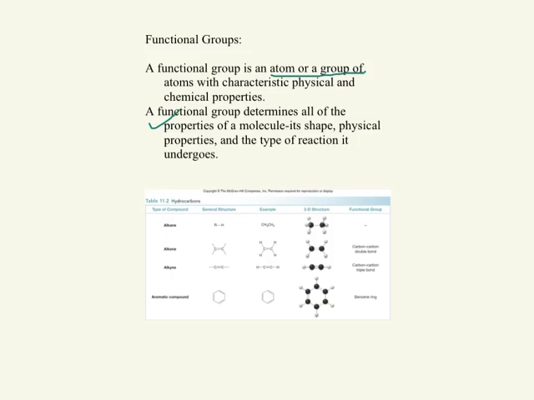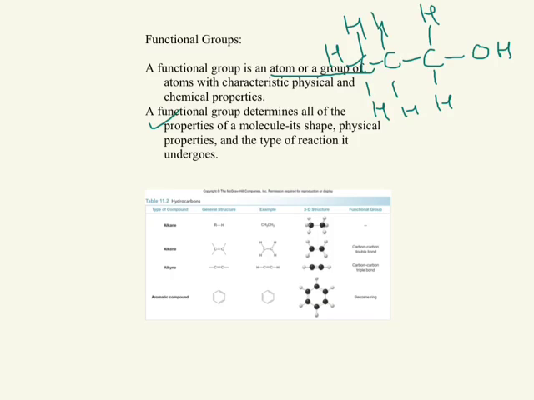Now, how do we write down the functional group? If you look at this compound here, I put a chain of 3 carbons and then OH is attached.